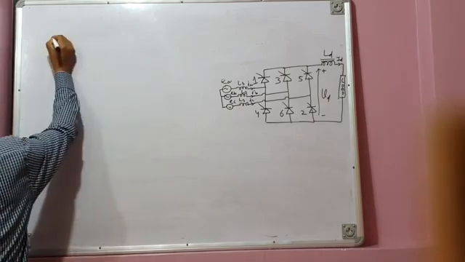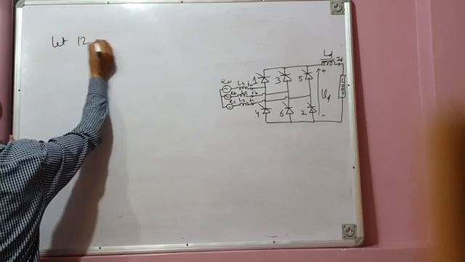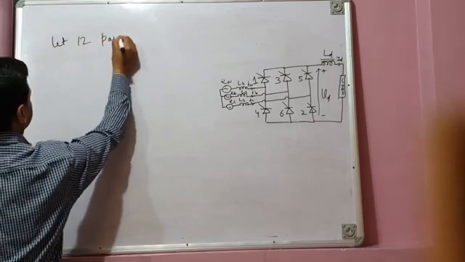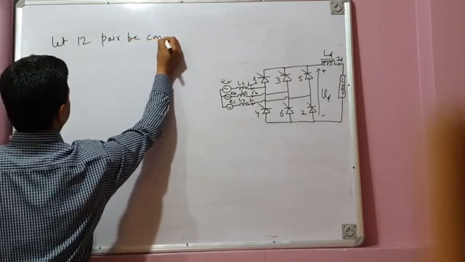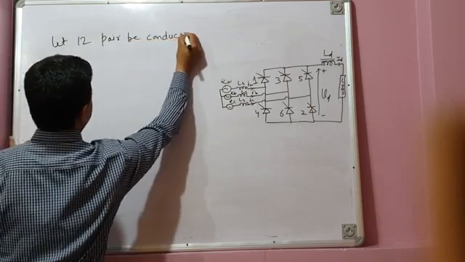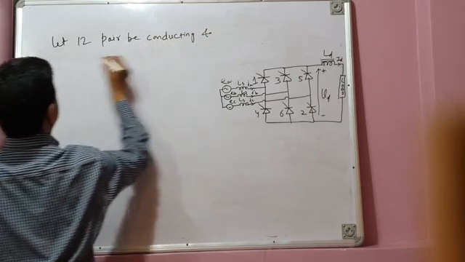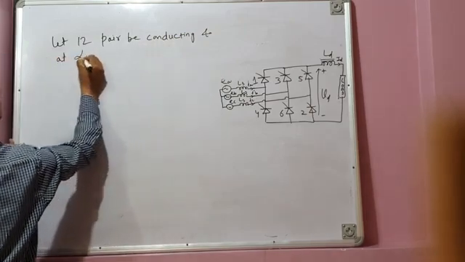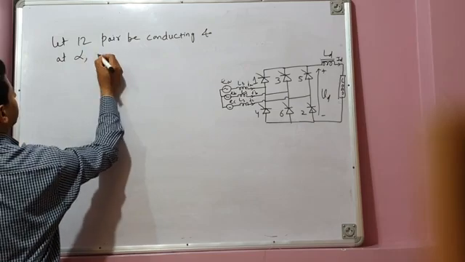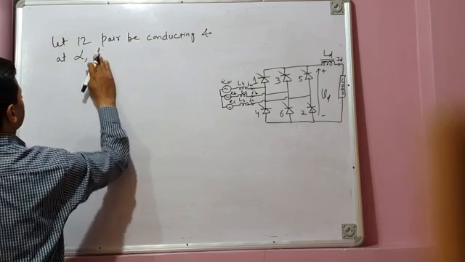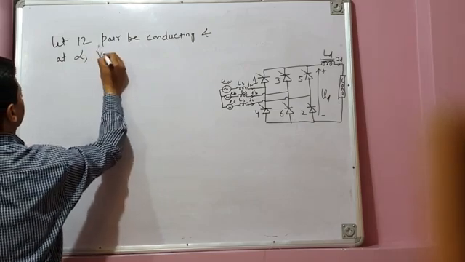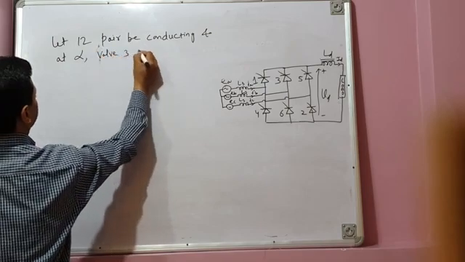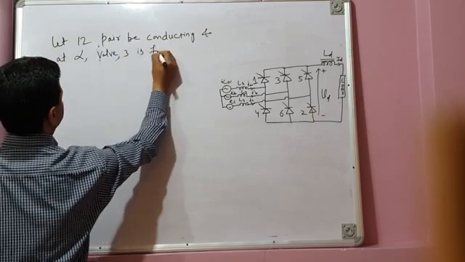Now let the 1-2 pair be conducting. Let us assume that initially the 1-2 pair is conducting, and at alpha, that is after a delay of alpha electrical degrees, a firing pulse is issued and valve 3 is fired.